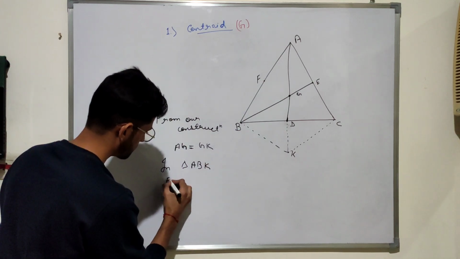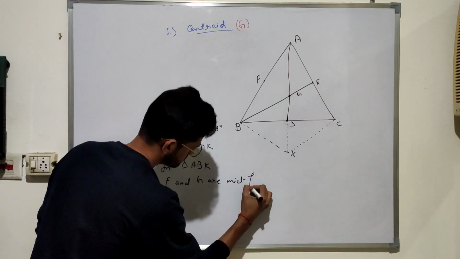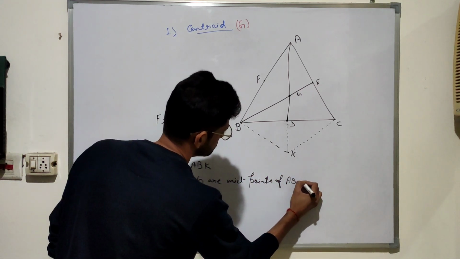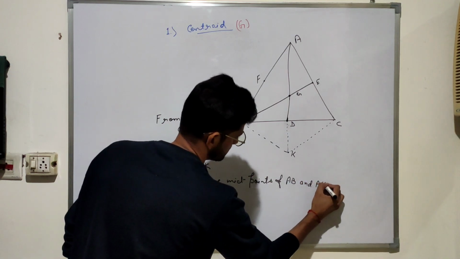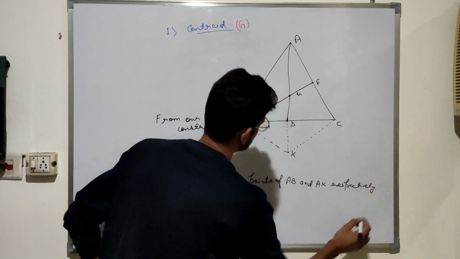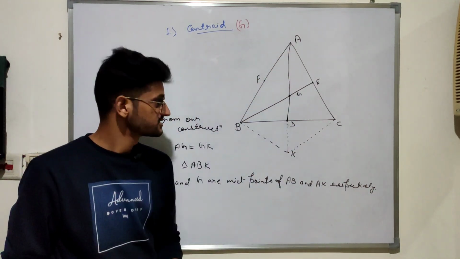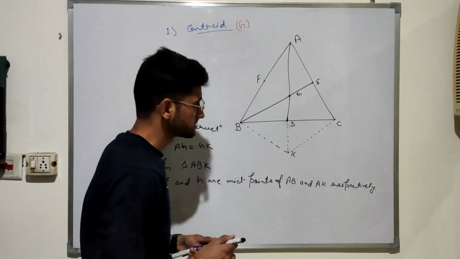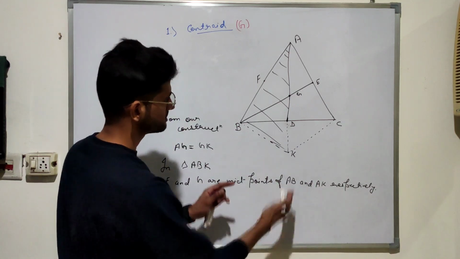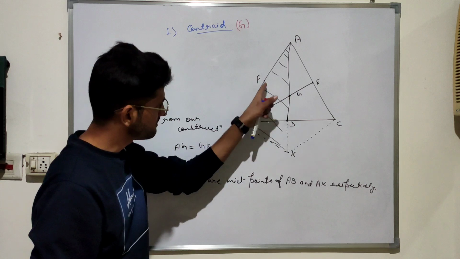In triangle ABK, F and G are midpoints of AB and AK respectively. Just observe this triangle ABK only, as it is the point of concern for now.